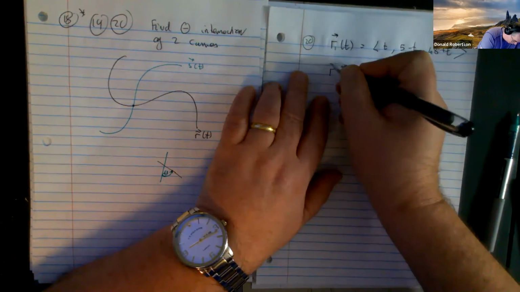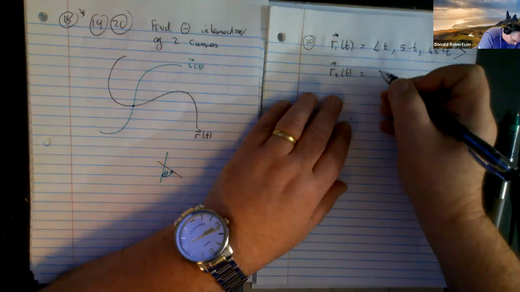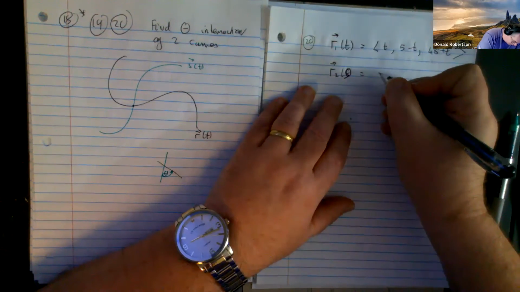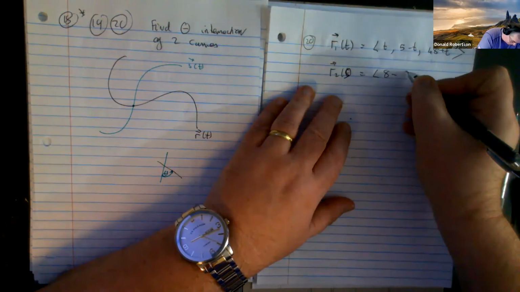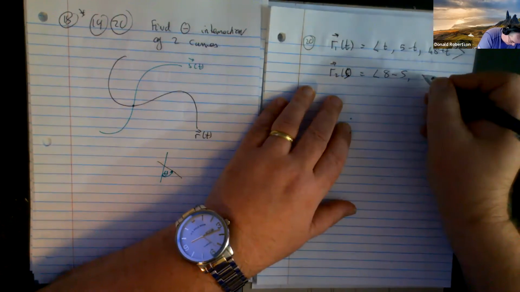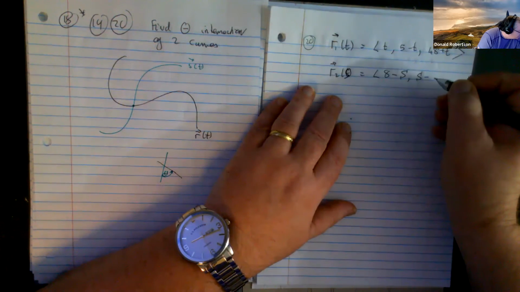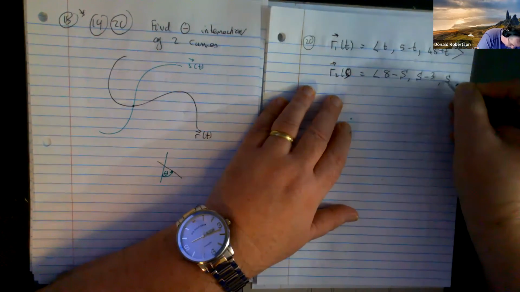And the second one, they're just calling it R2 of t. No, R2 of s, sorry. You need a different variable each time. So you have 8 take away s.